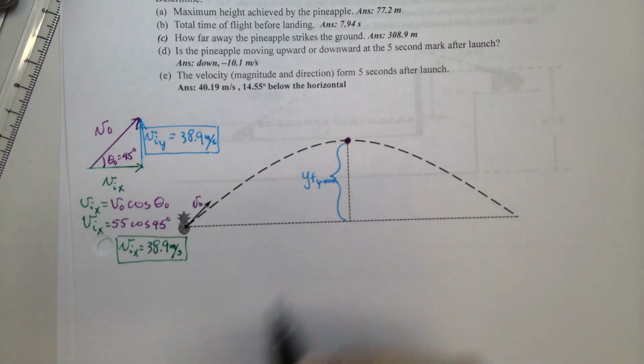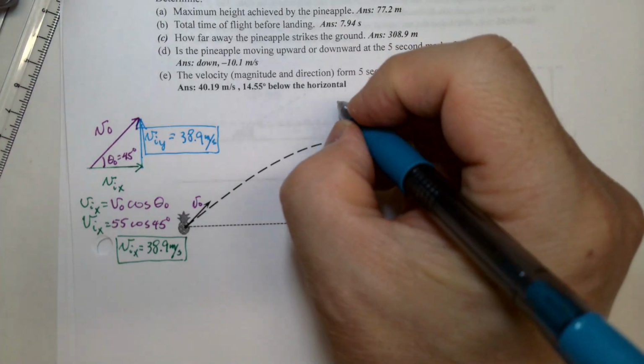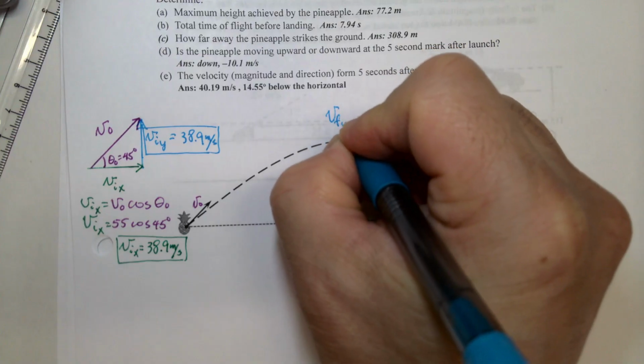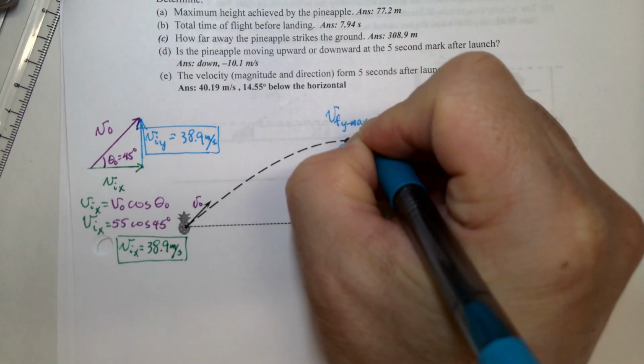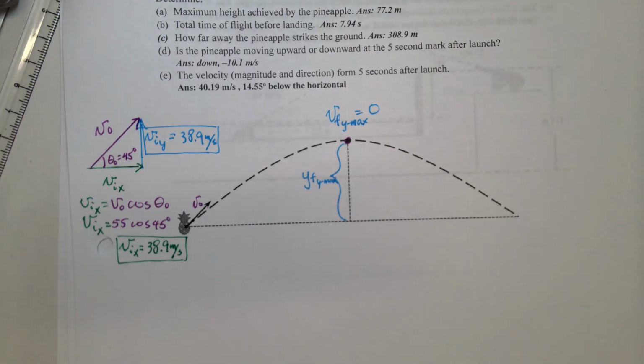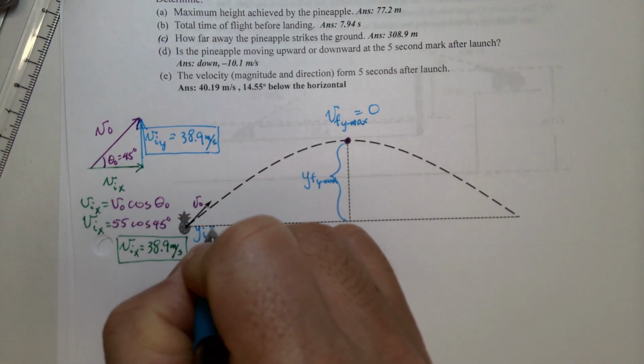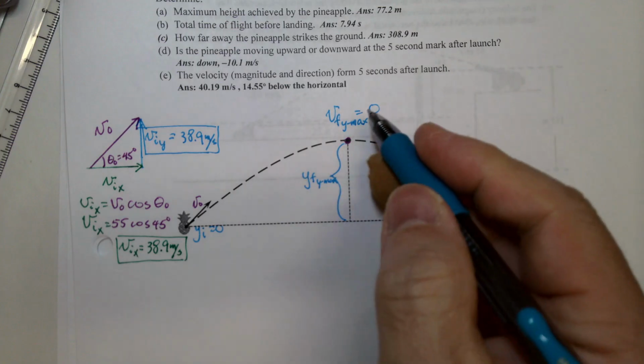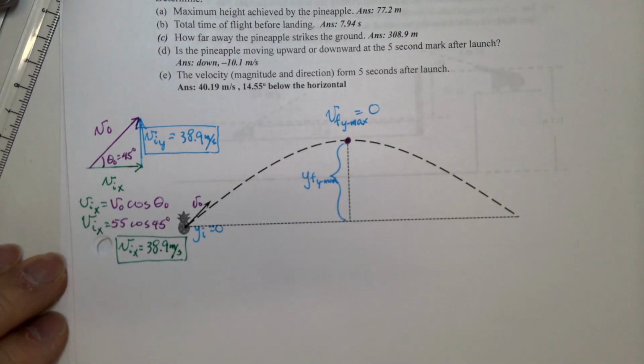But we all know V final at y max is equal to 0 when it reaches the maximum height. Therefore, we know our initial position is 0, and then we can find out how high that thing goes.